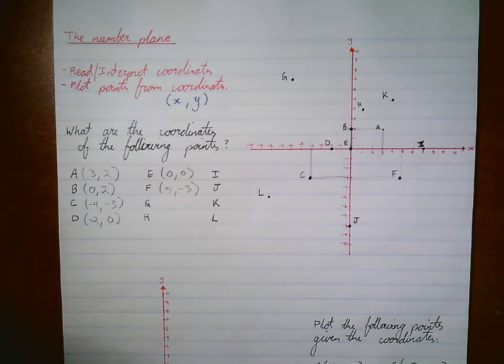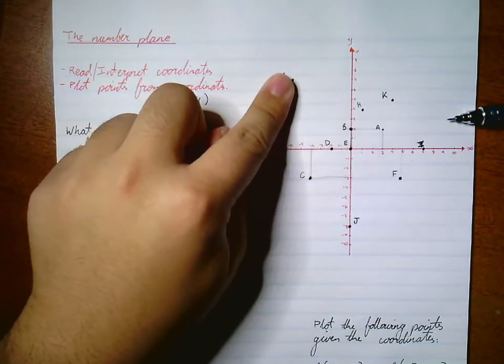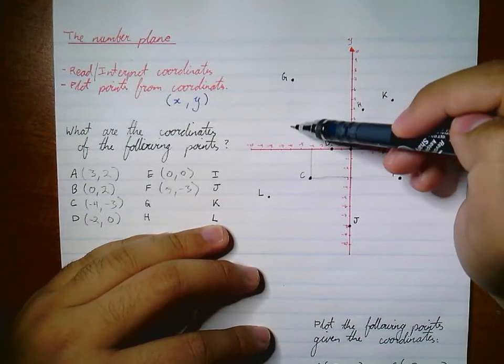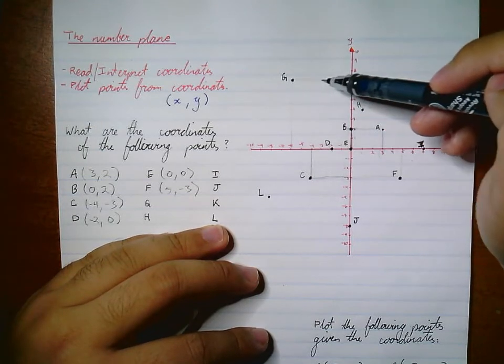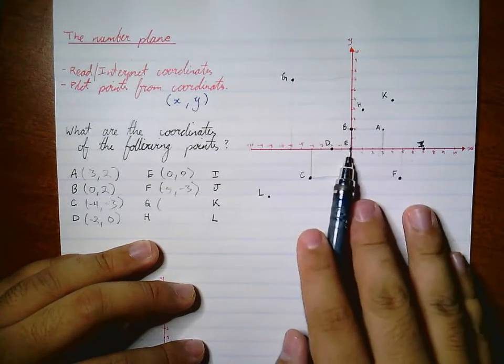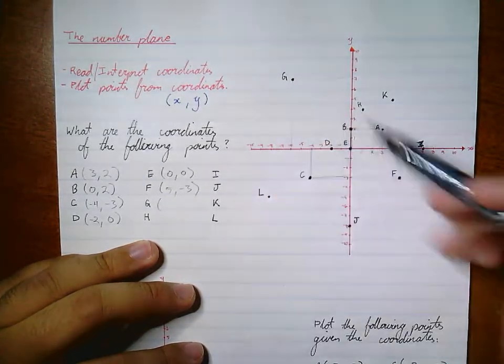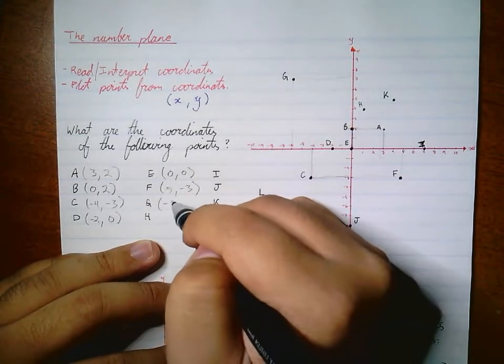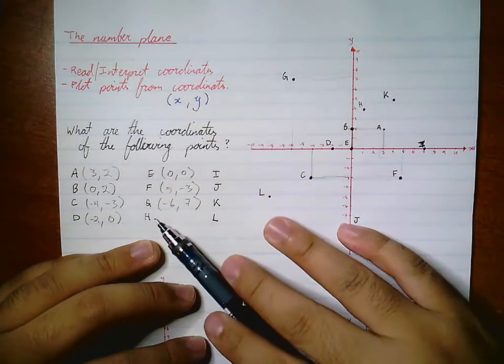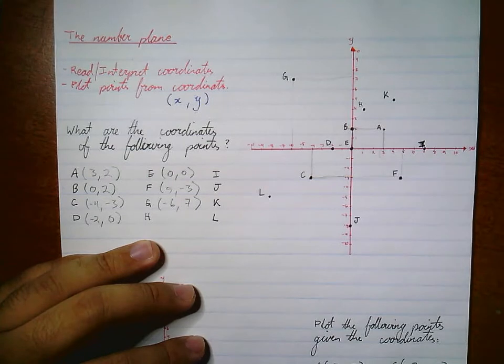Point G, there it is, way up there. The closest that I can see is -6, positive 7.